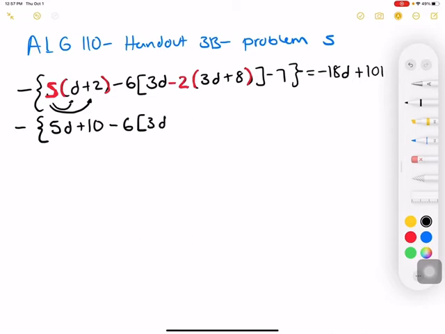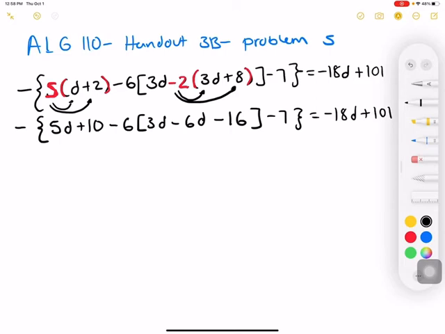Now I'm going to get rid of the next parenthesis, which is negative 2 times 3d. That's negative 6d. And then negative 2 times 8 is negative 16. Distributive property. Everything else remains the same in there.